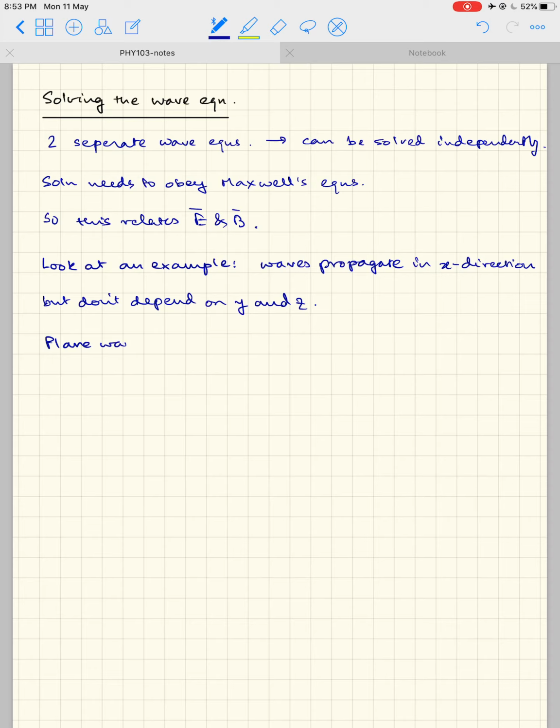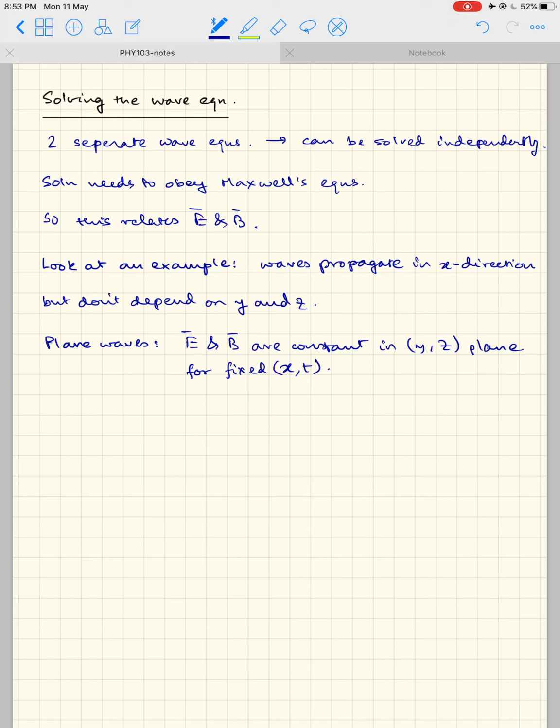Plane waves: E and B are constant in the yz plane, for fixed x and t.